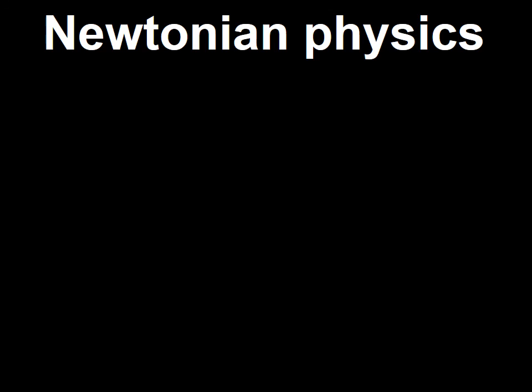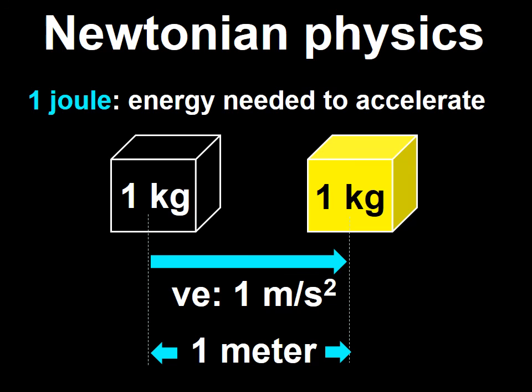Next, I will put forward the definition of joules in Newtonian physics. From a kinetic energy point of view, we can define a joule as the energy needed to accelerate a body with a mass of 1 kilogram for a distance of 1 meter at a velocity of 1 meter per second every second.